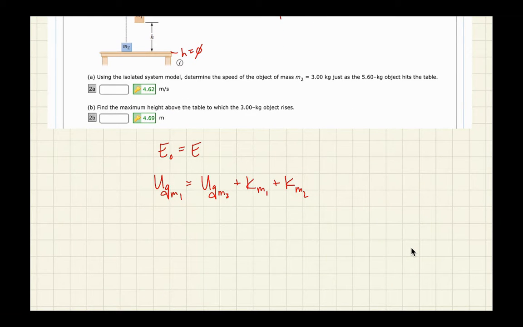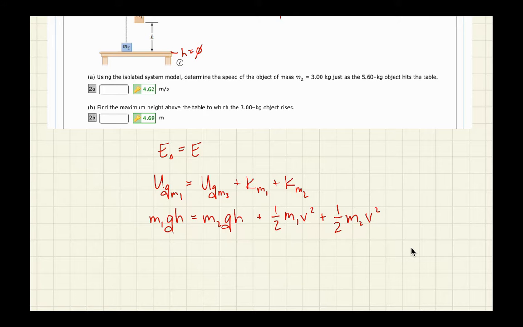I have M1 times G times H for my initial equals M2 times G times H for my final gravitational energy plus 1/2 times M1 V squared plus 1/2 times M2 V squared.